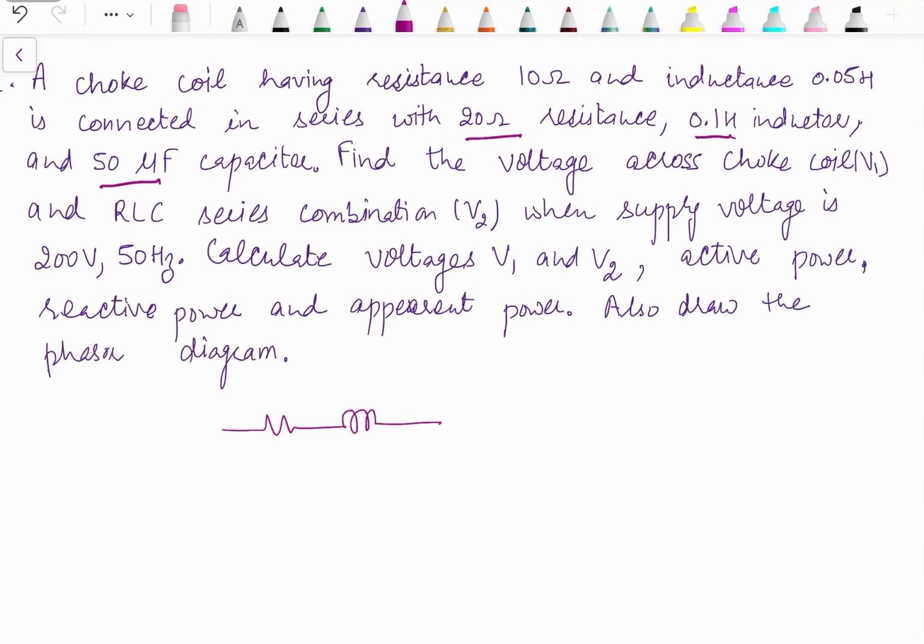This one is the choke coil, 10 ohm, 0.05 Henry, and this is connected in series with the resistance, inductor and capacitor. Resistance value is 20 ohm, inductor 0.1 Henry, capacitor 50 microfarad.